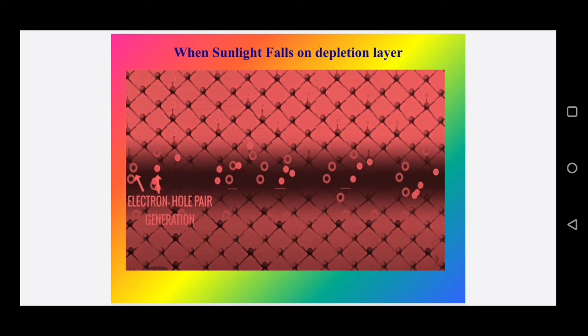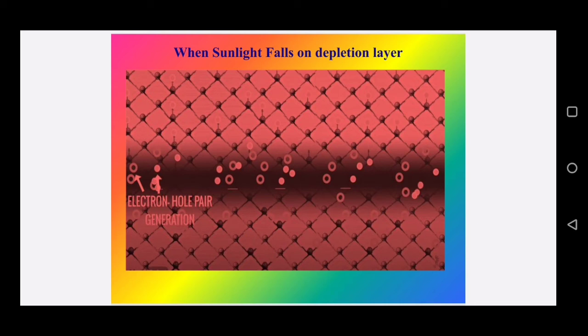When sunlight falls on this depletion region, the photon energy generates a number of electron and hole pairs in the depletion region.